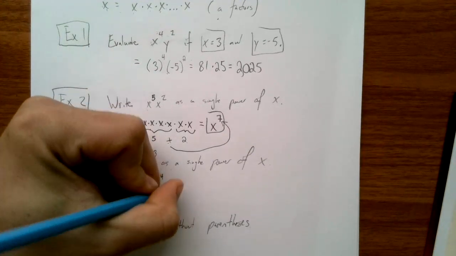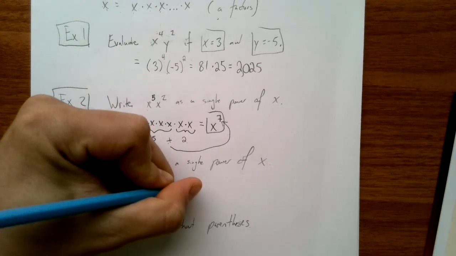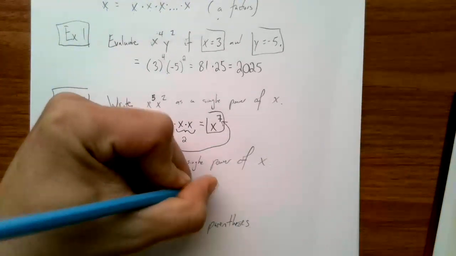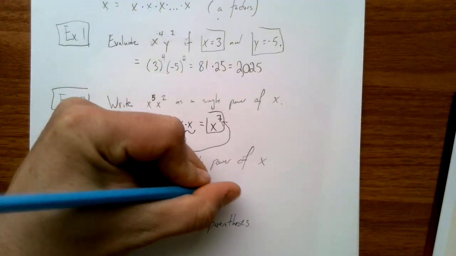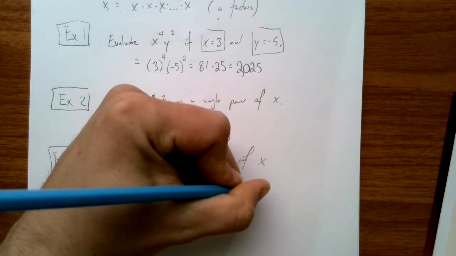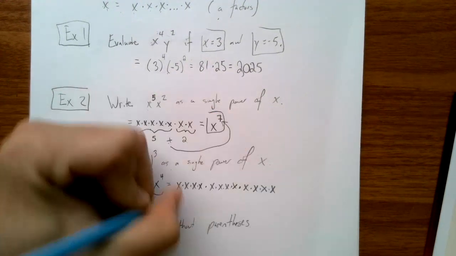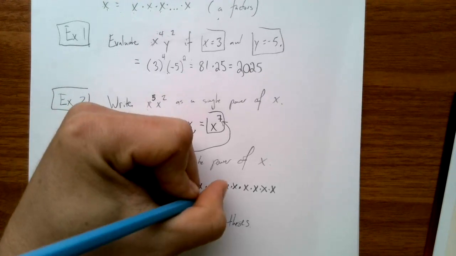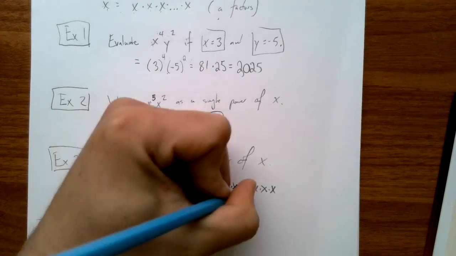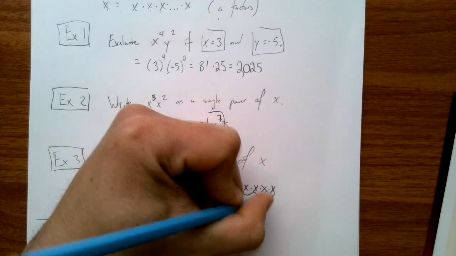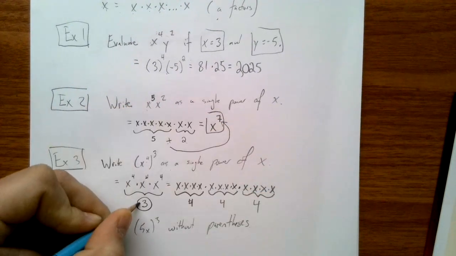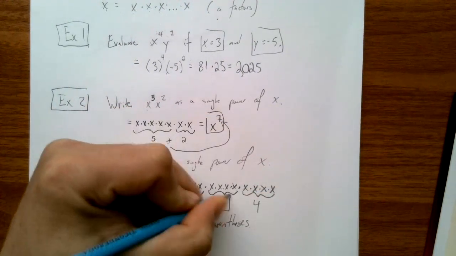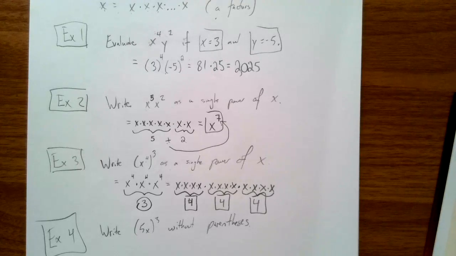What we can then do is expand each of those x to the 4ths. Now, my hope is that what you see is we end up with 3 groups of x to the 4th.